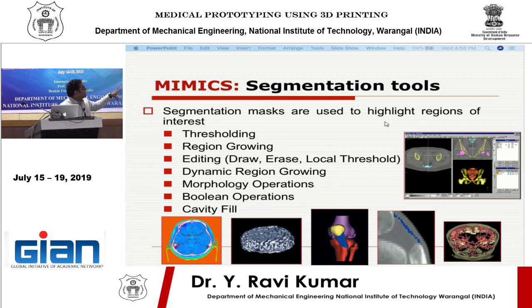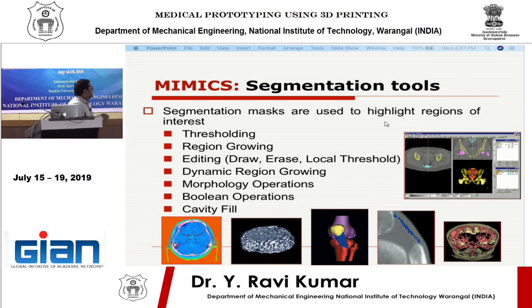But anyway, the basic tools which we have to start with are thresholding. Say you want to segregate, I need only bones. So you supply some Hounsfield number. I need only the tissues in this range. Then automatically it will give you a region of interest, or a tissue of interest, or an organ of interest. So then you can segregate the region of interest. So you have thresholding, or region growing, which we need to separate it.